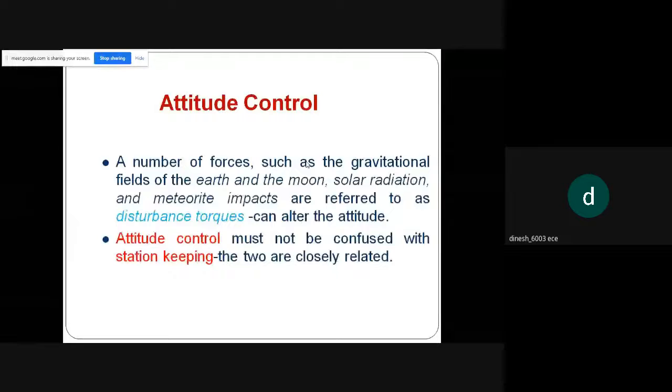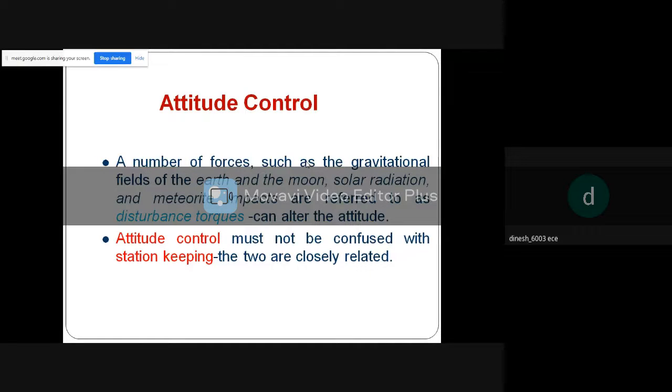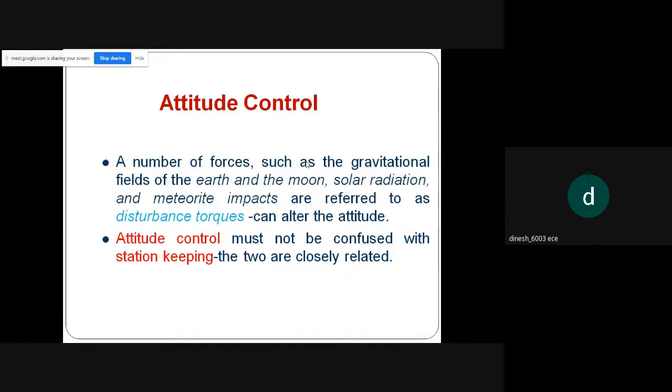Due to the gravitational force of the Earth and the Moon, the satellite can be moving towards that. As explained in unit 1, the oblateness of the Earth will lead to stable points and unstable points. So that plays a major role.